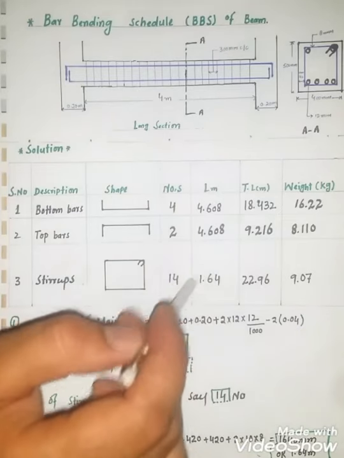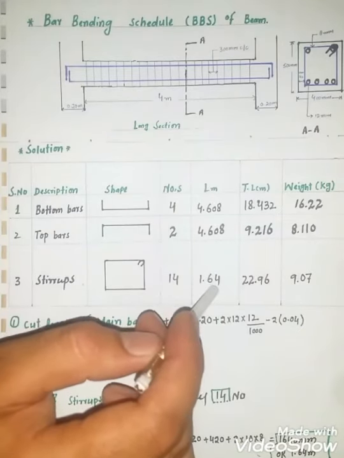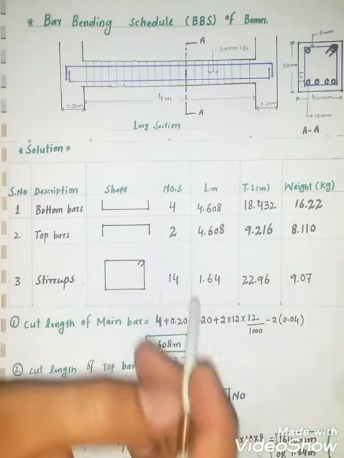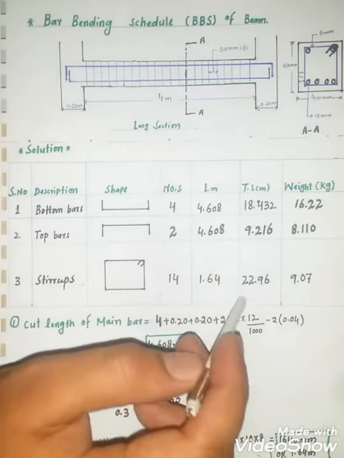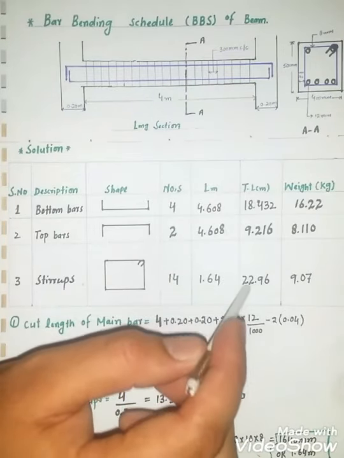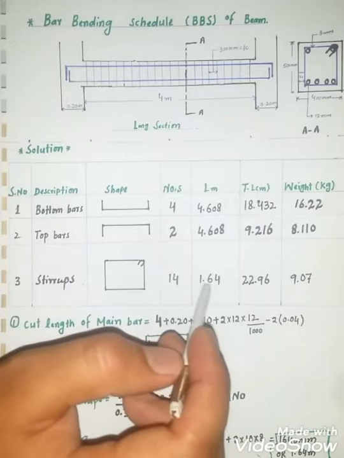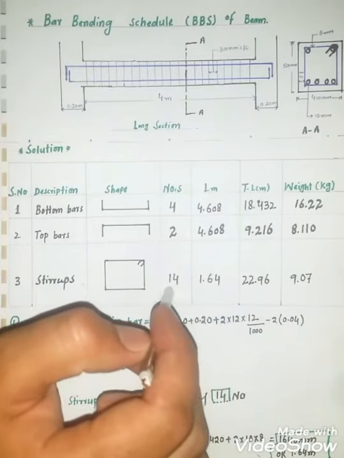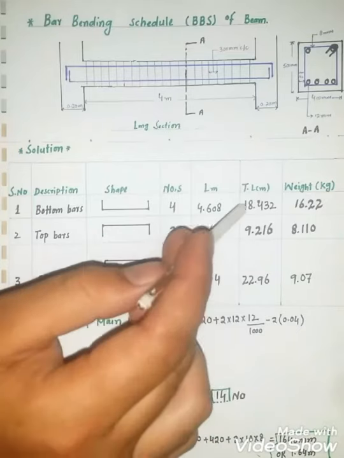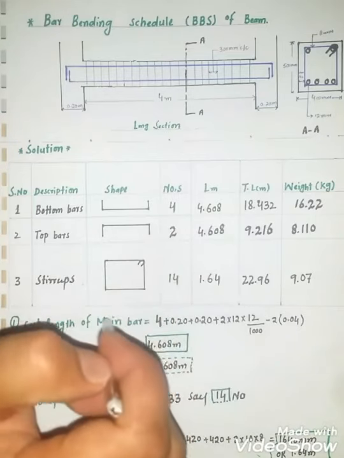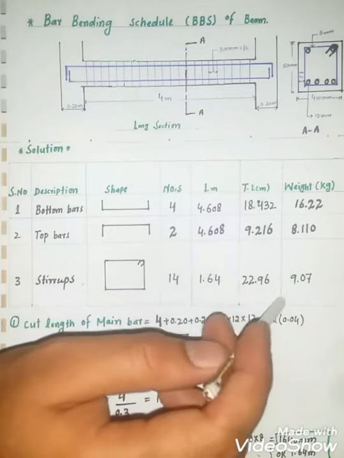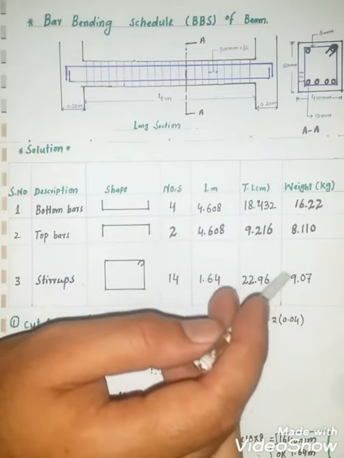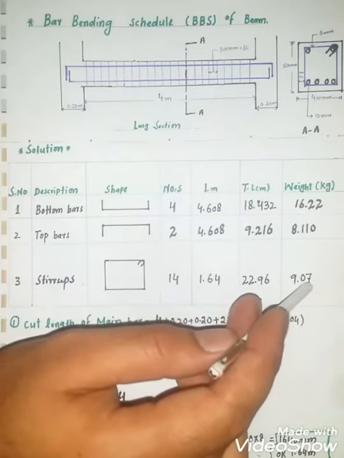Cut length of one stirrup is 1.64 meter. The total length of stirrups is equal to 22.96. You just need to multiply this value with the number, which equals the total length of stirrups. And the weight of stirrups is equal to 9.07 kg.